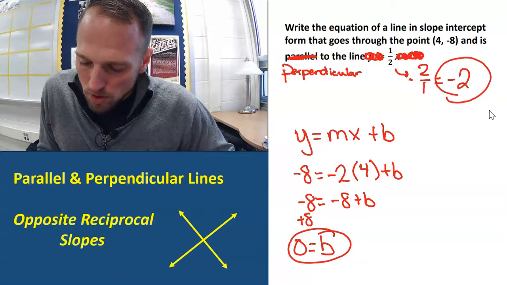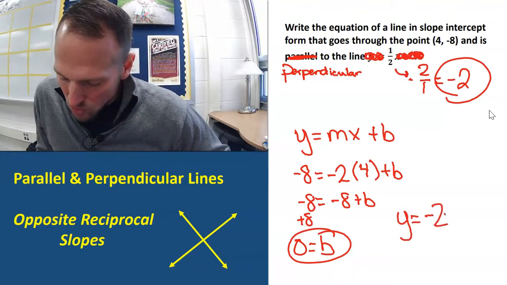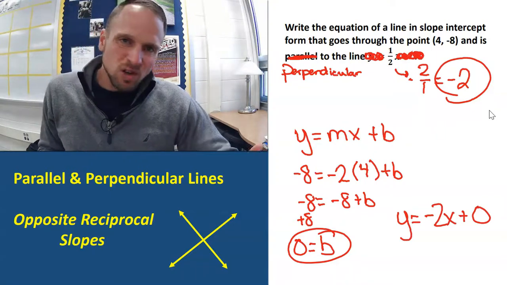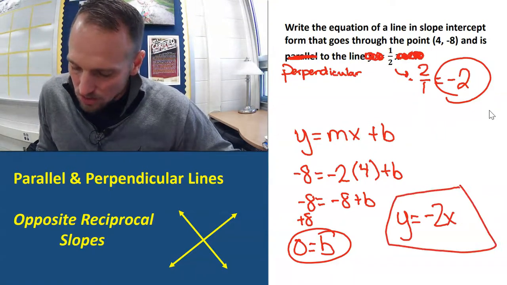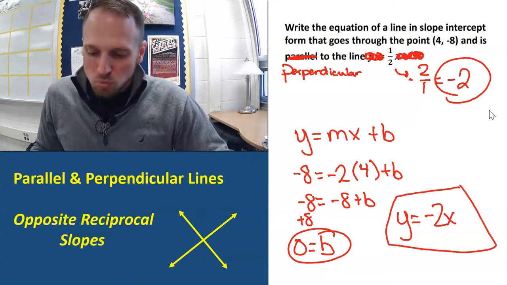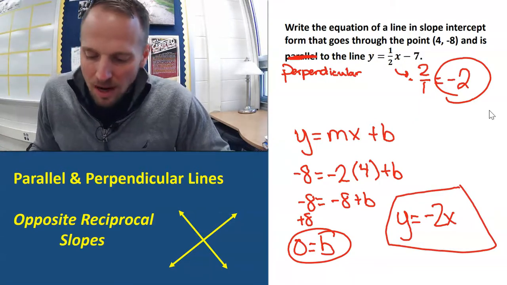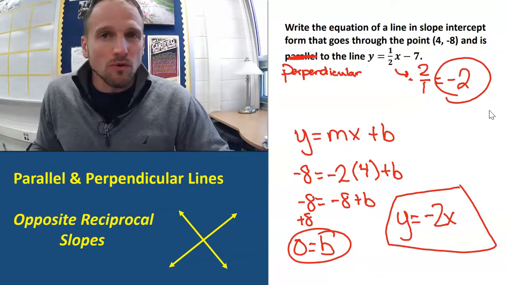So our slope, our m, is -2. y equals -2x. Our y-intercept is 0, and we don't need to write a +0 there, so let's just erase that. Here's our equation. That's the equation of the line that's perpendicular to y equals 1/2 x minus 7, and that line is also going to go through the point (4, -8).